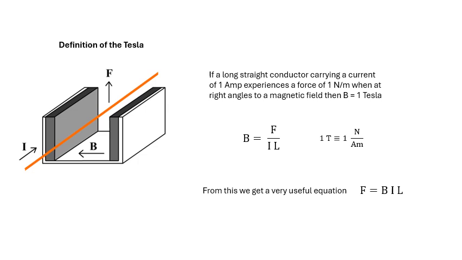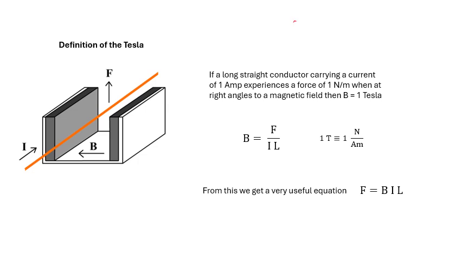B equals F over IL. So a Tesla is a Newton per amp meter. Rearranging that equation, we get another very useful equation, F equals BIL. While I'm here, B is F over IL. That's magnetic field strength, newtons per amp meter.